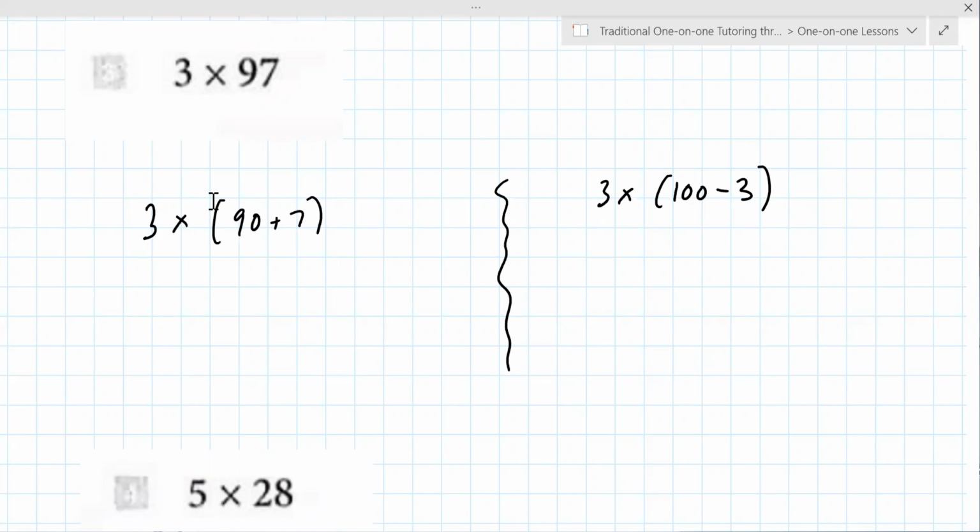I got 291. 291 is perfect. Okay, now again, the other way to do it here is you can use subtraction. 3 times 100 is 300, minus 3 times 3 is 9, which is also 291. All right, so let's try. I want you to pick.